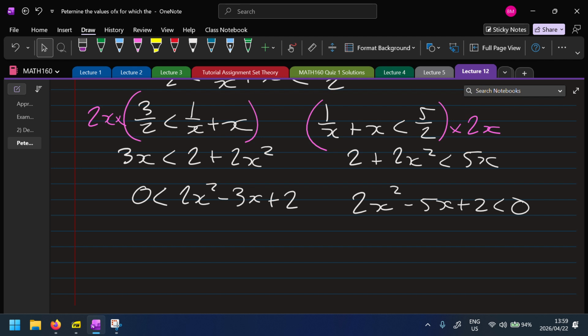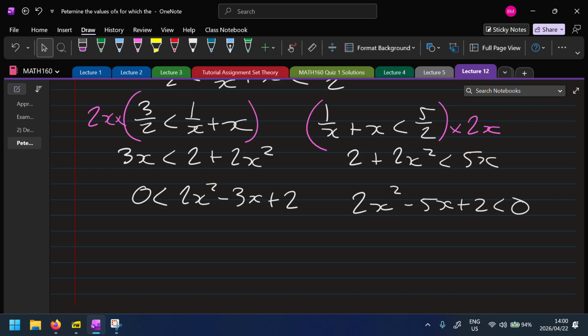Sorry? Okay, well, you throw that out. That doesn't help us. We need a lower bound and the upper bound. Yeah, you might get that, but you throw that out. So we're looking for the smallest x value and the largest x value for that window. 3 over 4.